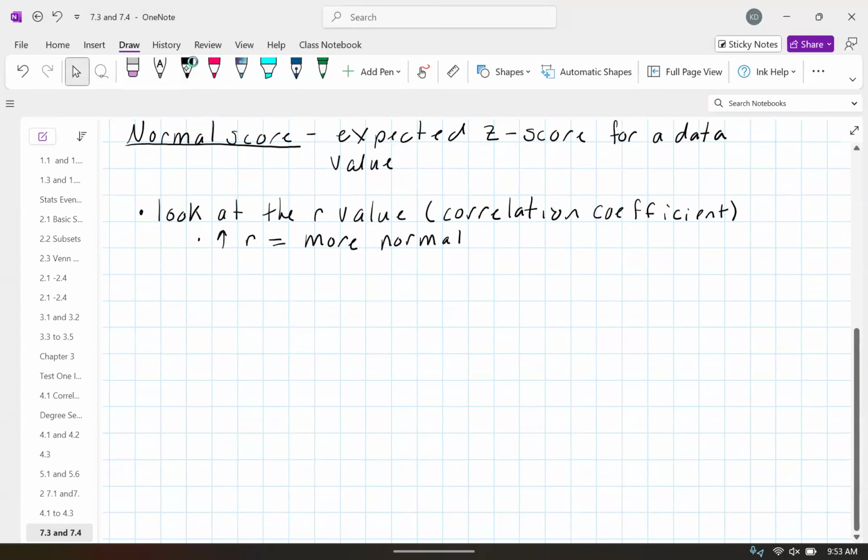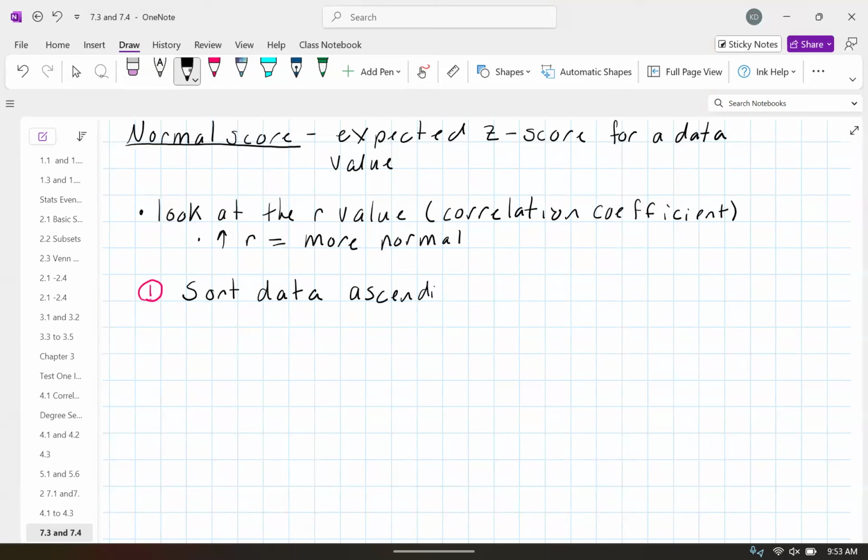So how do we figure this out? We're going to get our data, and we're going to sort it ascending, that means from the smallest to the largest.